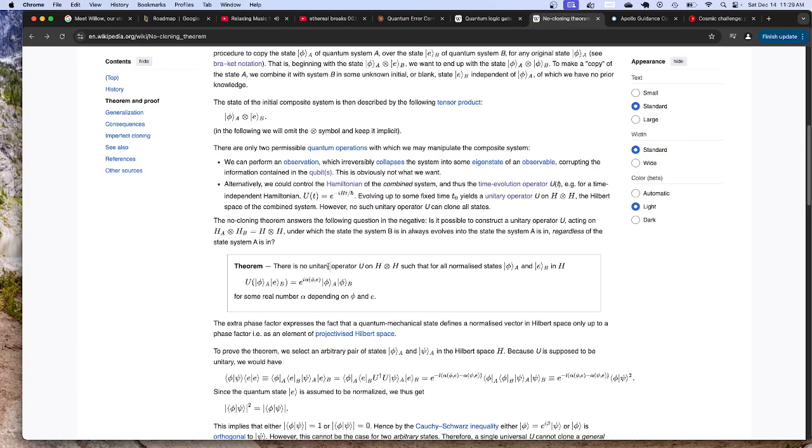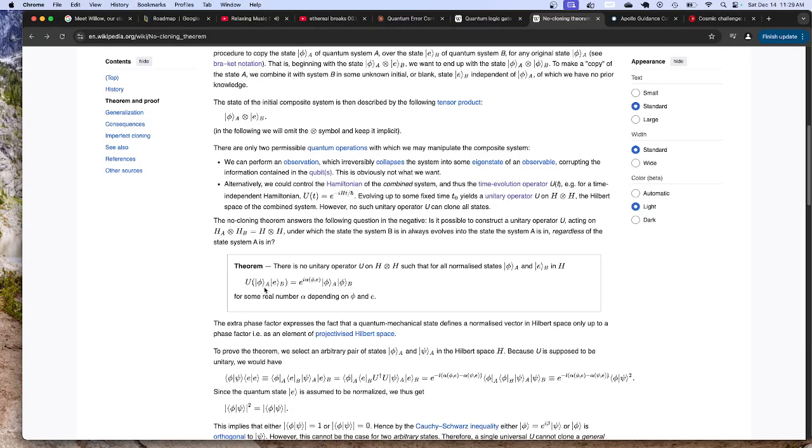There's no unitary operator U on the Hilbert space such that for all normalized states A and B and H... Okay. I'm definitely going to need to understand this notation.